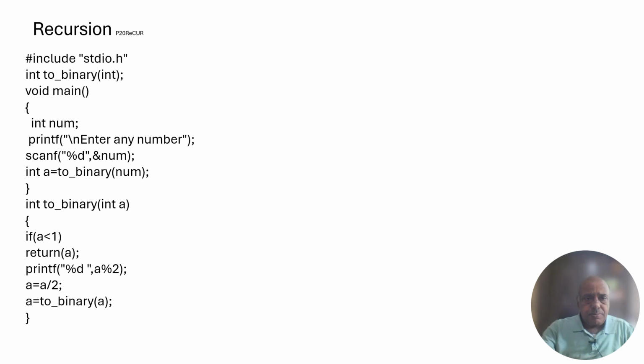This is the prototype, int 2_binary, with int being the data type of the variable we are going to pass to this function.